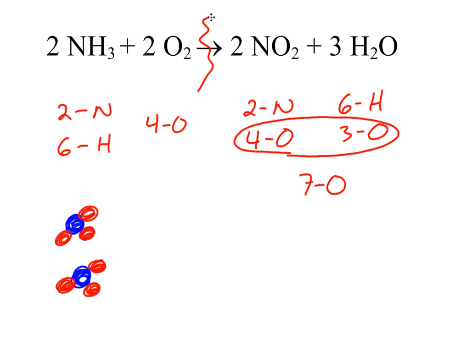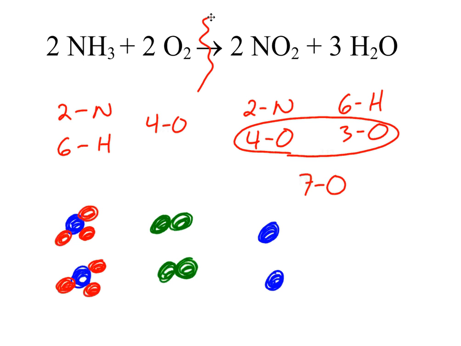We'll use green for the oxygens. So according to this equation, there are 2 oxygen molecules. And then over on the other side, we've got a nitrogen with 2 oxygens on it, actually 2 of those molecules.